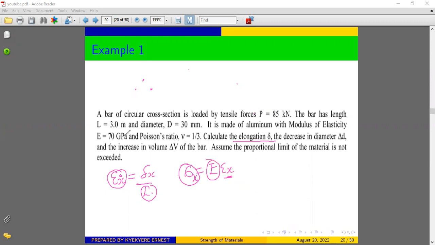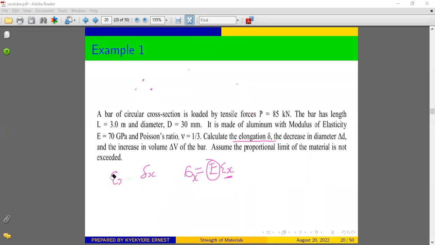We have been given the force, and we also have the diameter as 30. So it can help us calculate the strain. Let's quickly run through this, and after that we'll look at the other parts of the question, which are the change in diameter and the change in volume.